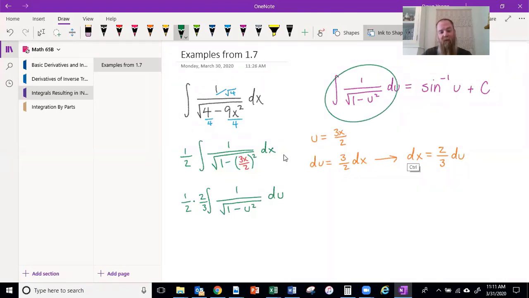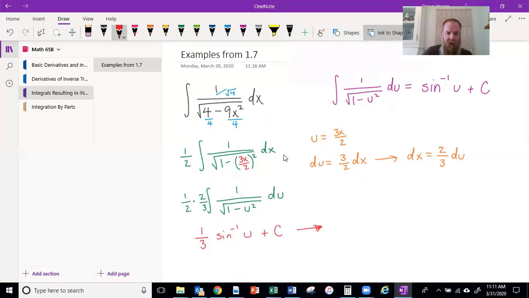So we're ready to simplify, and therefore, what do we get? Well, over here, notice that we get 1/3 because the 2's cancel, right? And then the integral of this function is now sine inverse of u plus c.